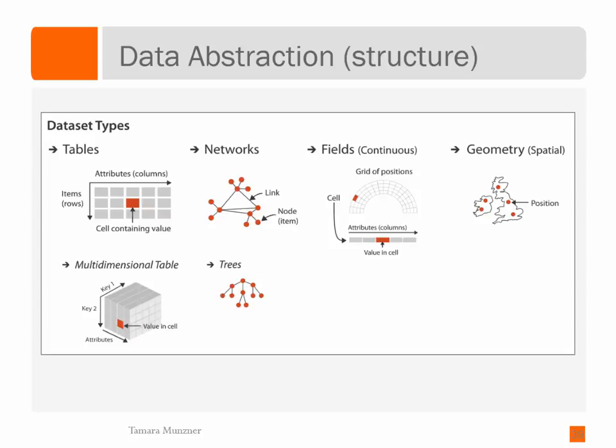And so here we're representing one dimension as key 1, a second dimension as key 2, maybe a third dimension as attributes. And we might have a value from each of those 3 dimensions represented in that cell that's highlighted, or in that cube that's a part of the overall cube.